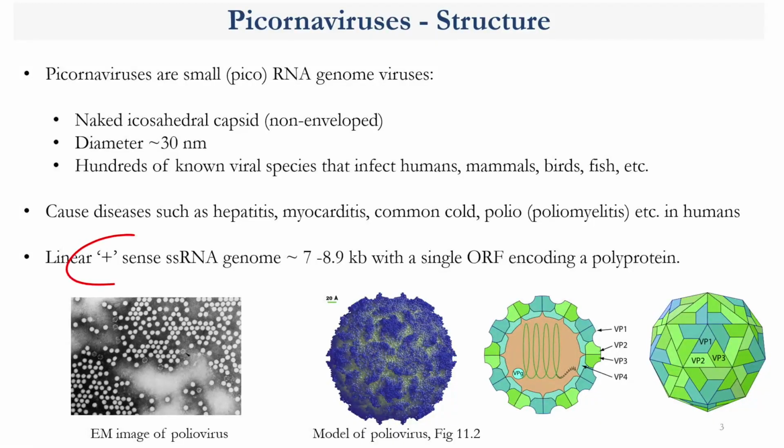So you have a linear positive sense single-stranded RNA genome, and because the virus itself is fairly small, the genome size is small as well, roughly about 7 to 9 kilobases. It has a single open reading frame that encodes a polyprotein. That polyprotein then gets processed, and from there on, you can start packaging the virus.